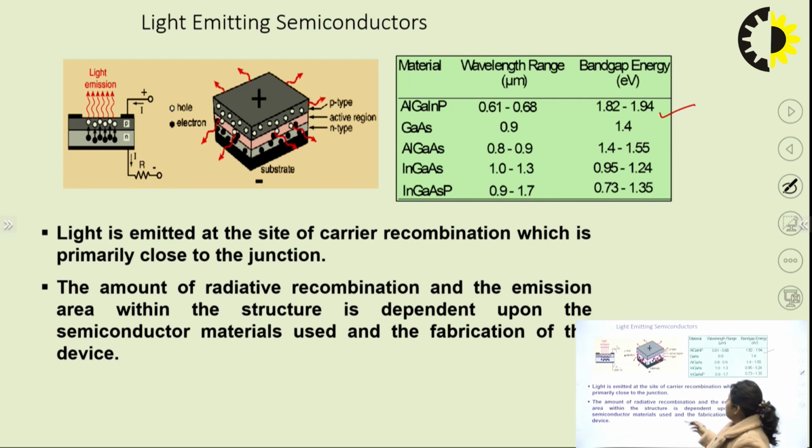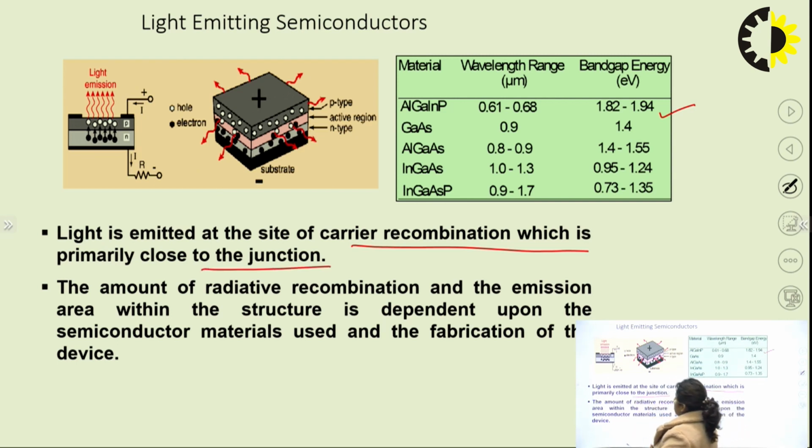Light is emitted at the site of the carrier recombination, which is primarily close to the junction. The amount of radiative recombination and the emission area within the structure depend upon the semiconductor material we are using and what kind of fabrication we are using in the device. What wavelength it emits depends purely on the material type.